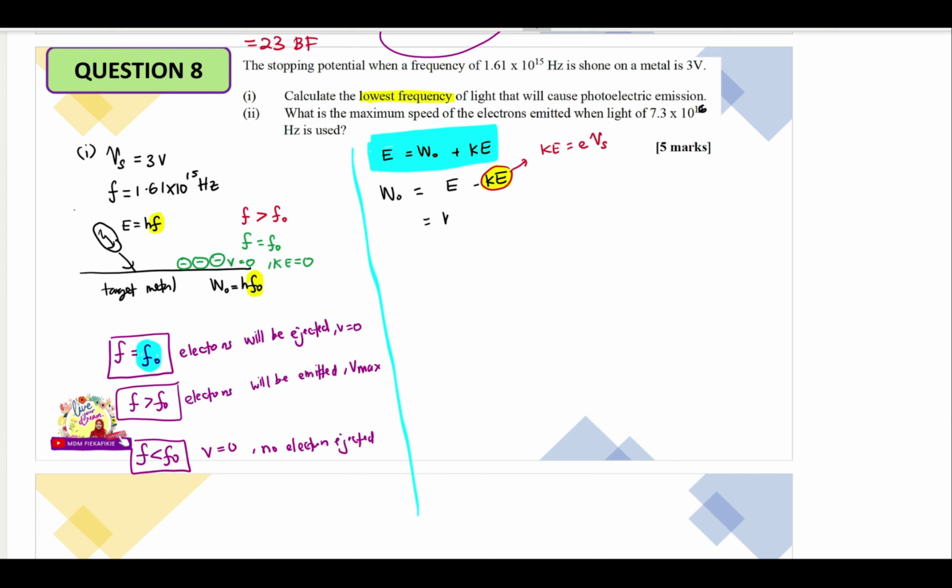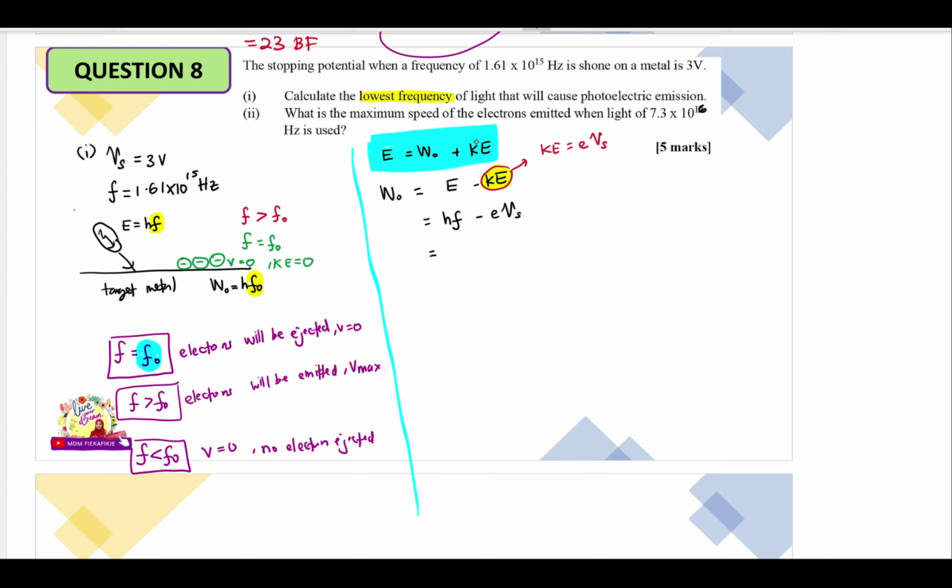So kita masukkan nilai HF minus this one, kita tak boleh guna half mv squared sebab kita tak ada nilai speed of the photoelectrons. So as we know that kinetic energy is equal to eVs, so we can substitute here.